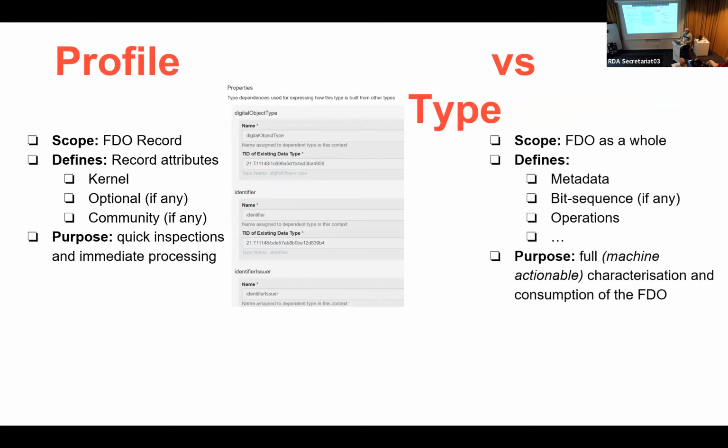The distinction between profile and type, as I already said, is that the type defines the metadata, the data and the operations, and the profile describes the PID record itself.